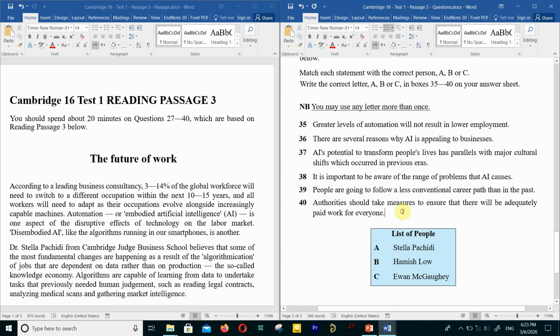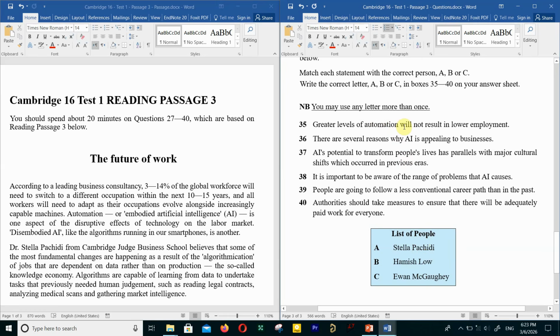We have to look at the statements and the passage. In this type of question, questions and answers are not in the same order. This is really important. At the beginning you have to notice that, and look for the list of the people in the passage, highlight them, and then just look at the statements, not everything.